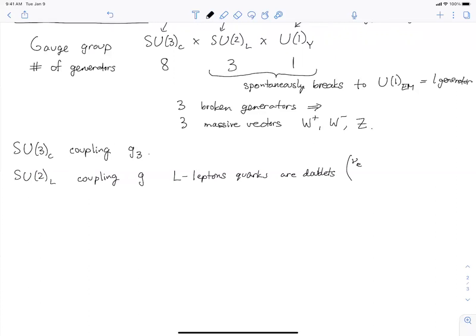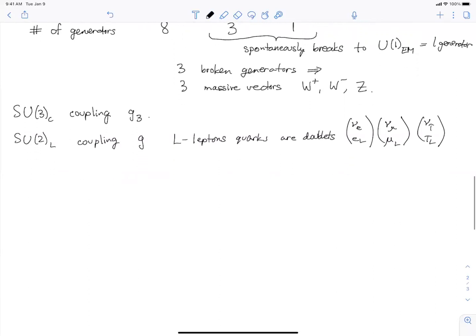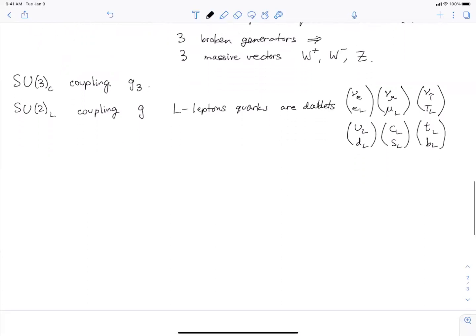There's the electron neutrino and the left-handed electron, the muon neutrino and the left-handed muon, the tau neutrino and the left-handed tau, the up quark left-handed and the down quark left-handed. There's the charm left and the strange left, they form a doublet, and the top left and the bottom left, they form a doublet.